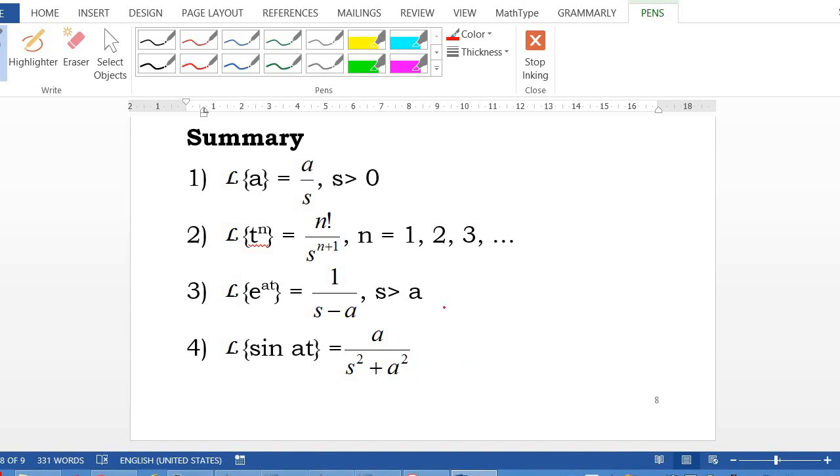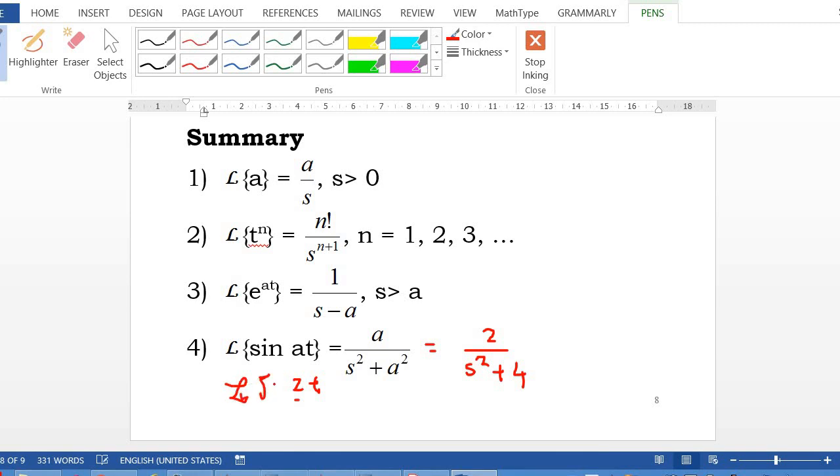Hence, if I say Laplace transform for sin 2t, so a is 2, then we just replace it and get 2 over s squared plus 4.